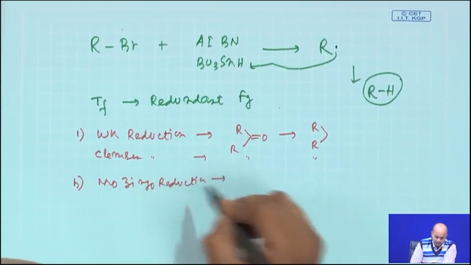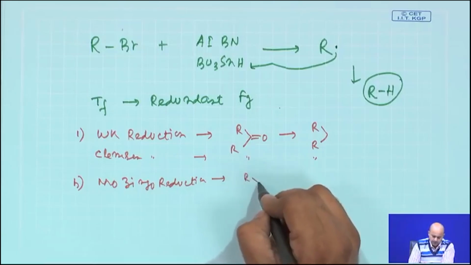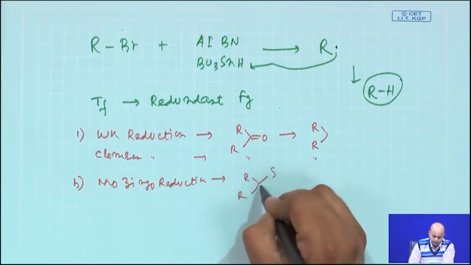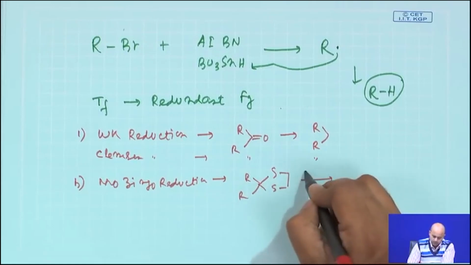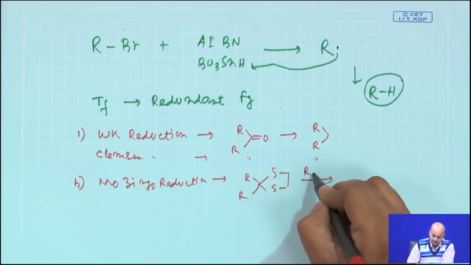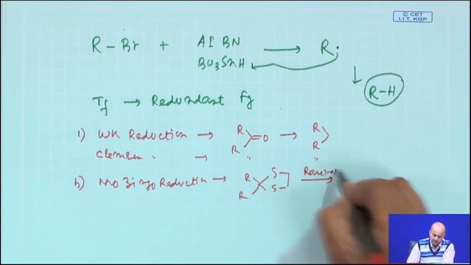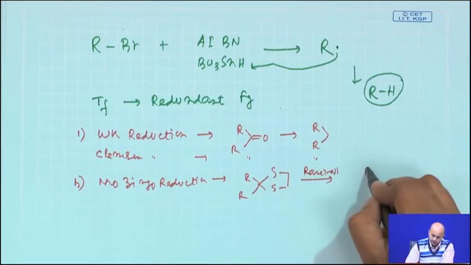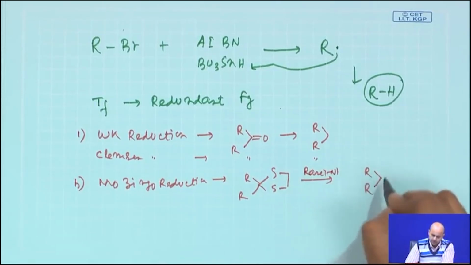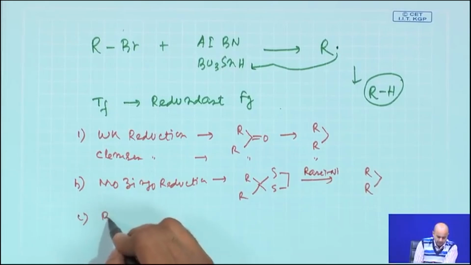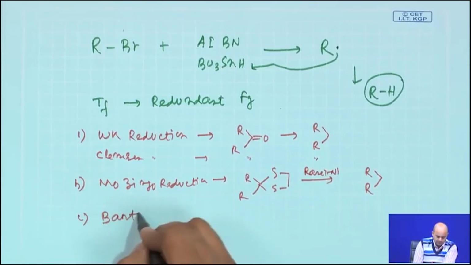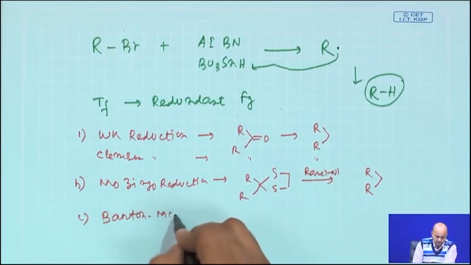Now, what is the exact reaction? You basically have to have a sulfur compound, and then you do the desulfurization reaction with Raney nickel, and you get the corresponding hydrocarbon. And finally, we call a named reaction the Barton-McCombie reaction.